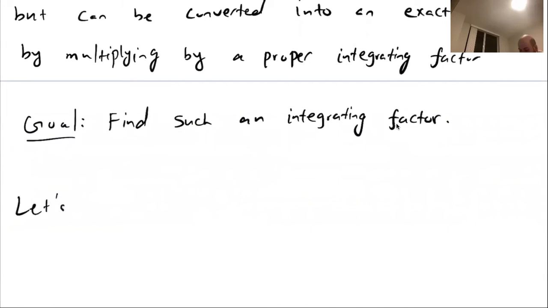Let's consider, still the equation that we consider is still the same form as the previous one, M plus N dy/dx equals 0.